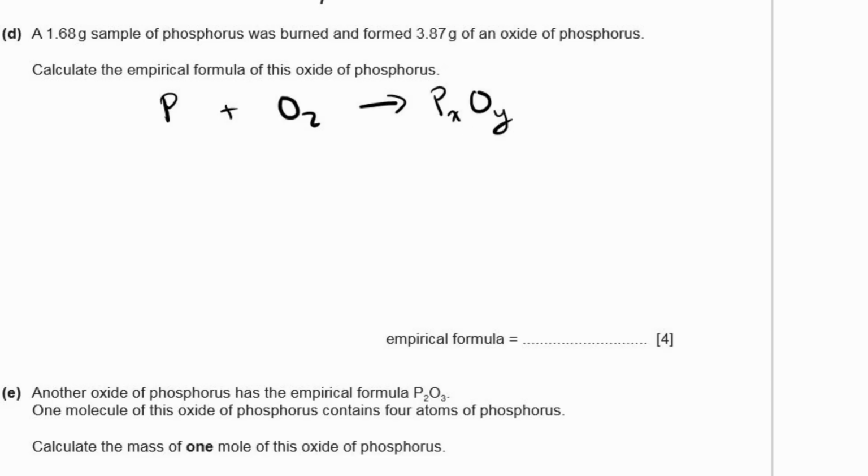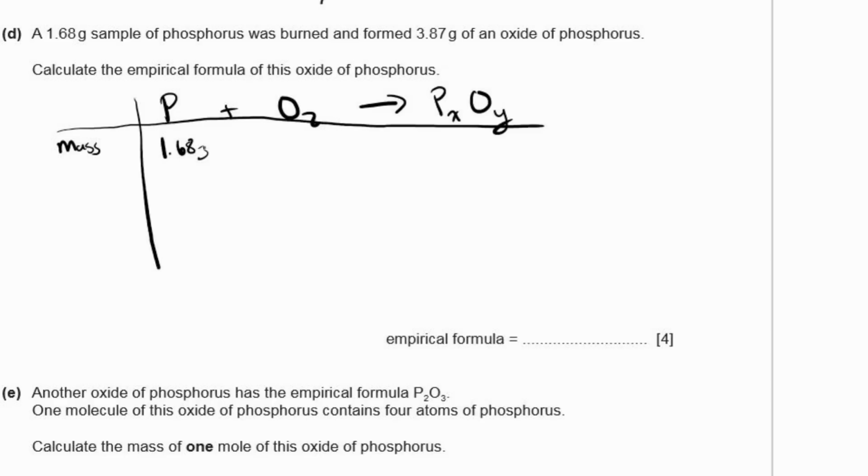Okay, so first of all, we can write a little table. I always find it easier to do this by creating a little table. Okay, doesn't have to be super neat, but it just helps keep things organized. So you know that you have 1.68 grams of phosphorus. You know that at the end you have 3.87 grams of the phosphorus oxide.